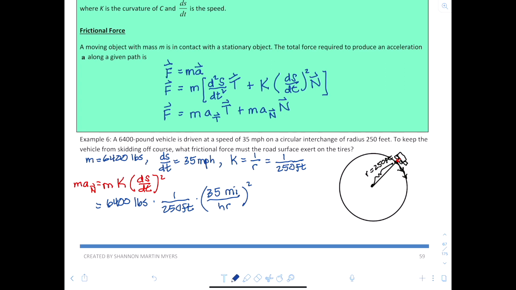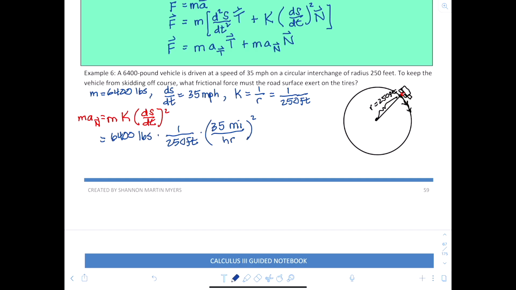So let's go ahead and get this in the same units. We'll end up with foot-pounds per second squared.